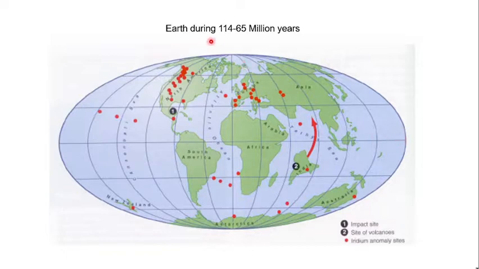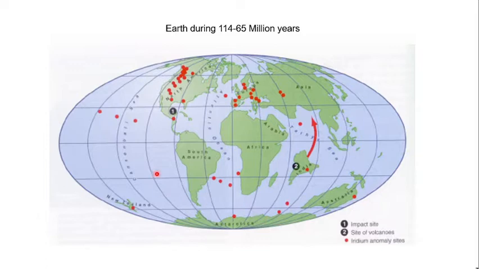Then, during 114 to 65 million years ago, in the Mesozoic era, something remarkable happened again in the history of the Earth. There was widespread volcanism, and there was also a huge attack by meteoroids, if we can call it that.